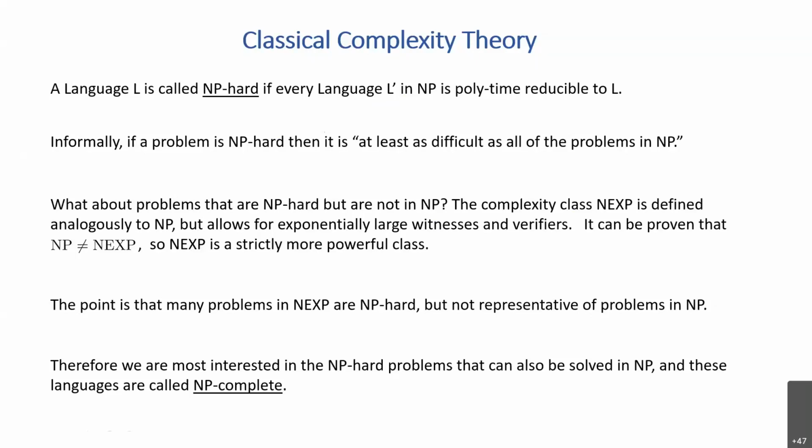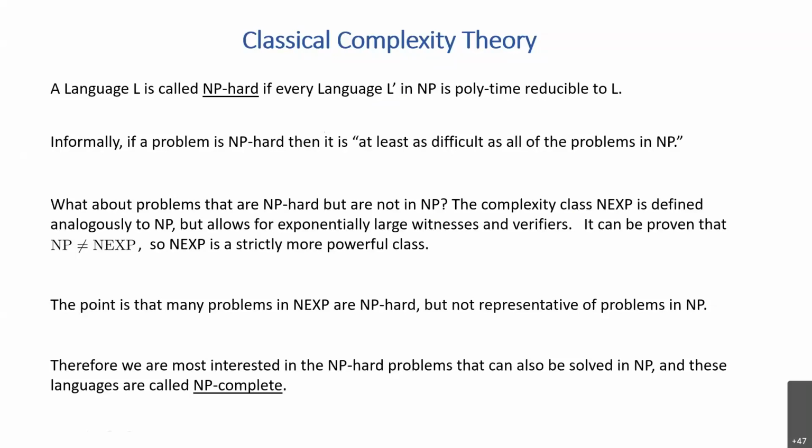An easy example of this is that we can define the complexity class NEXP, which is just like our definition of NP, but the witnesses and verifier circuits can now be exponentially large. And you can actually prove that NP is not equal to NEXP. So NEXP is a strictly more powerful class, but of course it contains everything in NP, because polynomial-sized witnesses and verifiers would also be in NEXP.